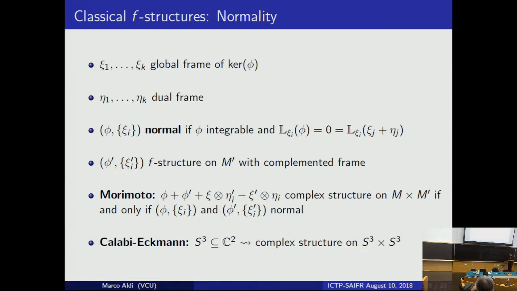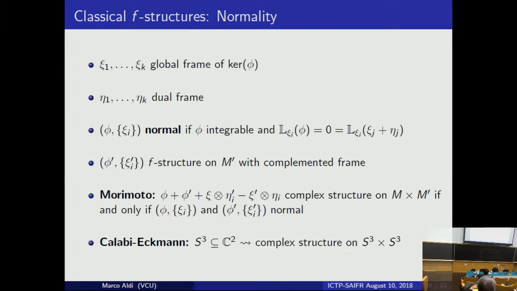And now they have the freedom to define a complex structure on this torus. So there's a whole tau worth of choices. And once you do that, with each copy of S2 having the usual CP1 structure, then this puts a complex structure on S3 cross S3.